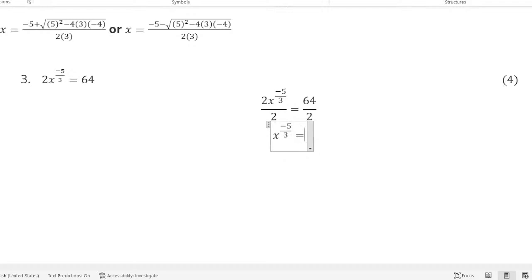Is equals to 64 divided by 2, that is 32. Now we have to change the right hand side into an exponential form.